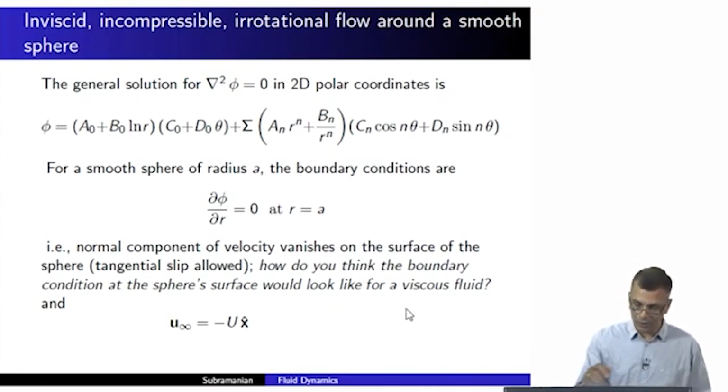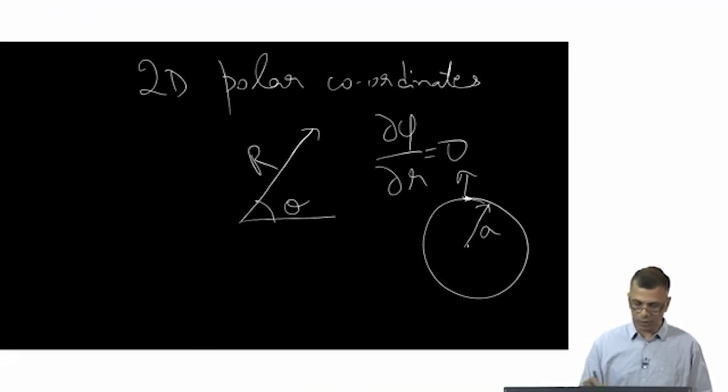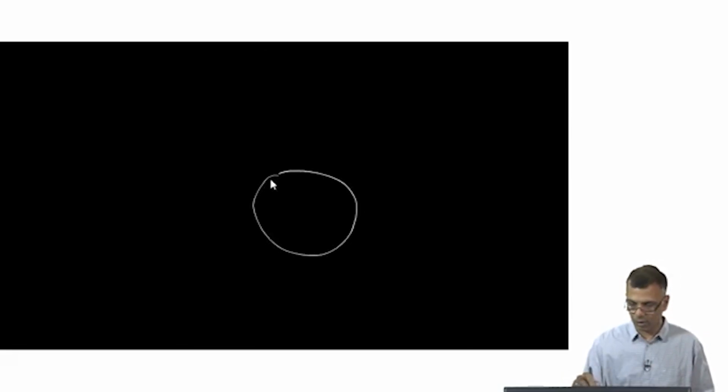What this condition means is that at very large distances from the sphere, say like so, you have a sphere and this is x and this is y.